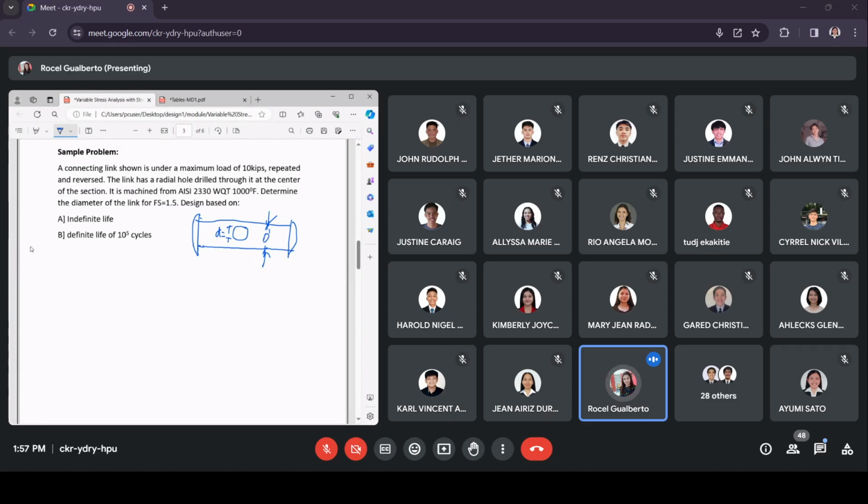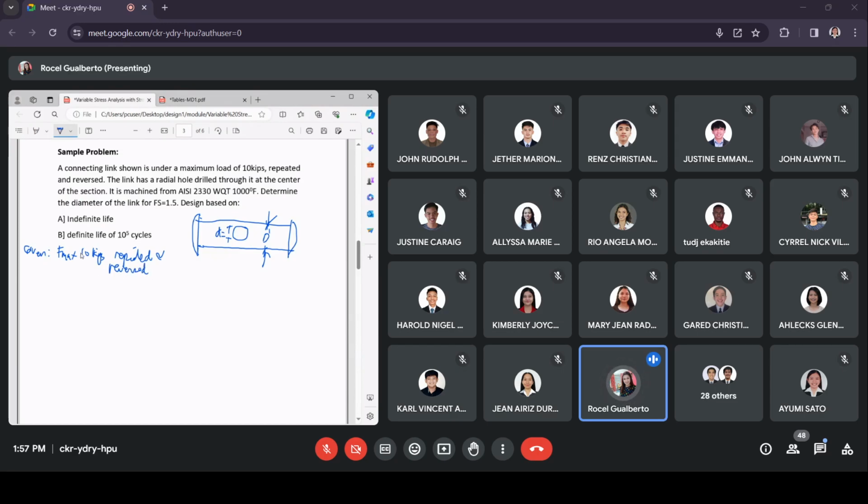Okay, so we start with the given values. You have the maximum load equal to 10 kips. What type of load? Repeated and reversed.